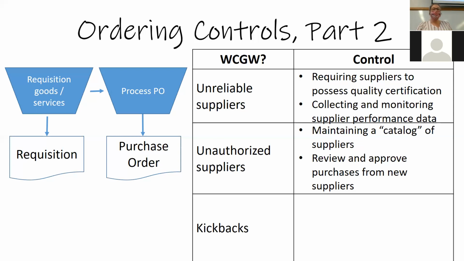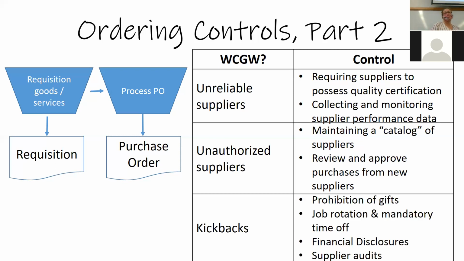And that gets to this final what could go wrong, which is kickbacks. If you look at government frauds and Department of Justice cases against government contractors, you see kickbacks a lot, where someone says, okay, I'll let you have the big government contract if you throw me the subcontract on that one.